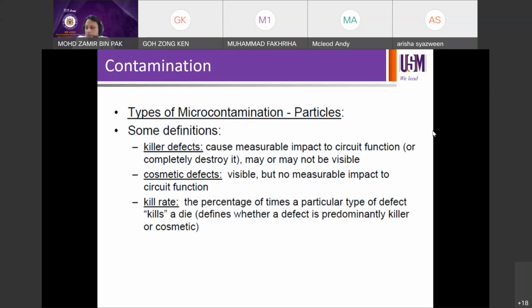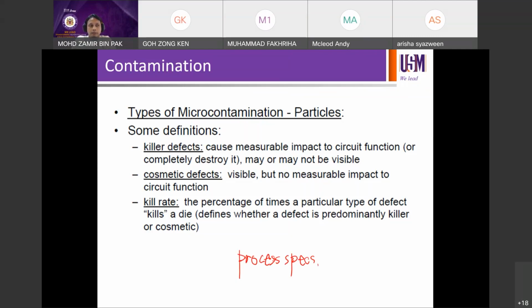If you look at the typical operation of every process, we're going to look at the processes later on. You will see later on, every process will have its own wafer process specifications, right? Process specs, or process specifications.